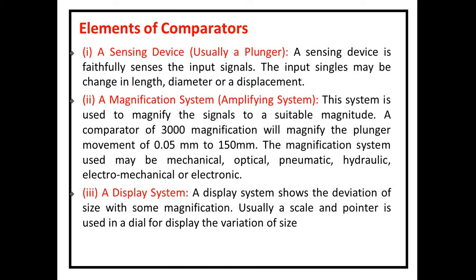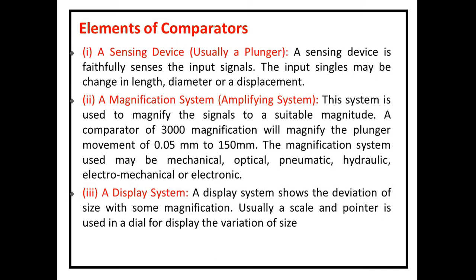Then the third one is a display system. A display system shows the deviation of the size. So once you have sensed the input signal and magnified that input signal, now you are going to display that particular difference. A display system shows the deviation of a size with some magnification.